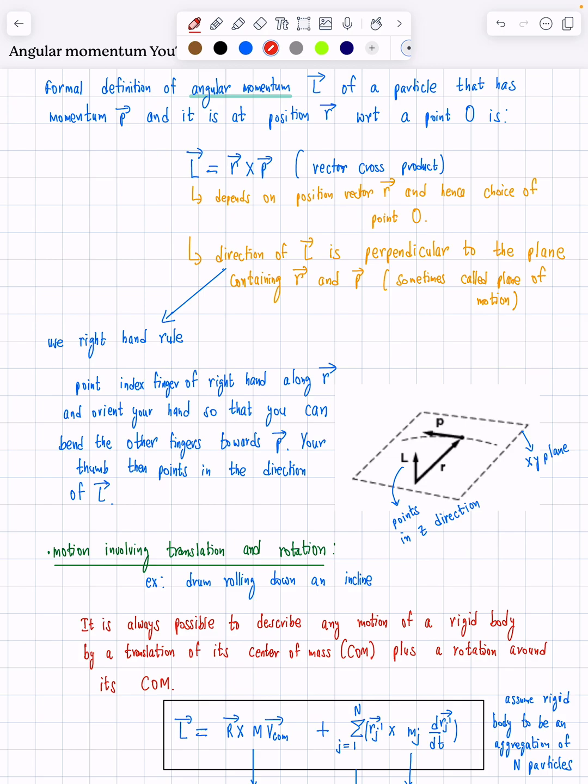The direction of L is the same as the vector cross product of R cross P, and it is given by the right hand rule. You might have already learned about the right hand rule.